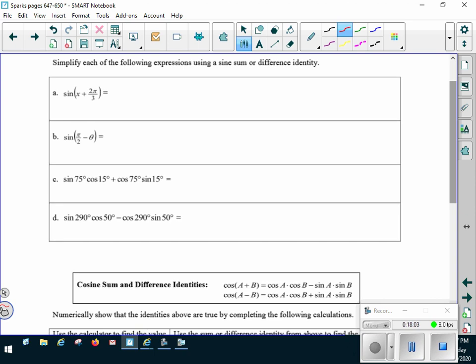Okay, let's try this top one. Now notice we've got an X. That's okay. Let's try to talk through. That's a sine of two angles that are added. So it's going to be sine of the first, cosine of the second, plus or minus stays the same, cosine of the first, sine of the second.